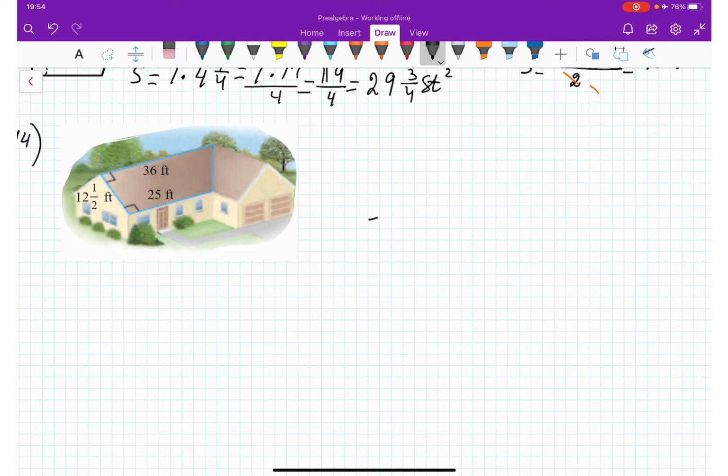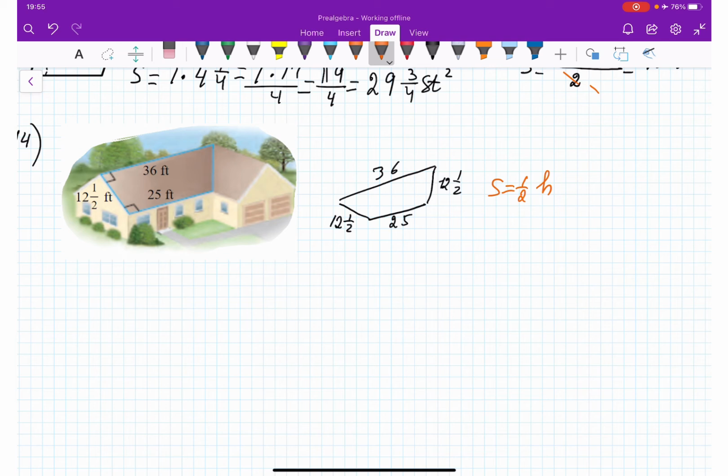This is going to be like a trapezoid. This is going to be 12 and 1/2. This is going to be 25. This is 36. Well, and obviously this one is also 12 and 1/2. Okay, so the area, since it's a trapezoid, area is going to be equal 1/2 h.